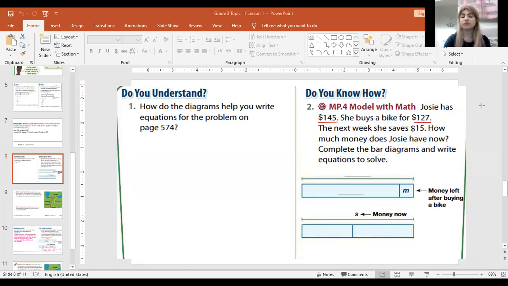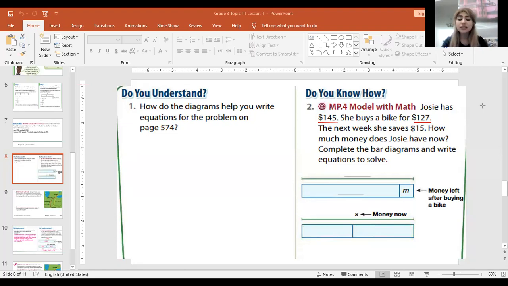So if I have, Miss Nani, this $145, this money, and I bought something, I already bought something. So I will have extra money, or I have paid money. I have paid, right? So I will do what? Subtraction. $145 minus $127. I think this is the hidden question.